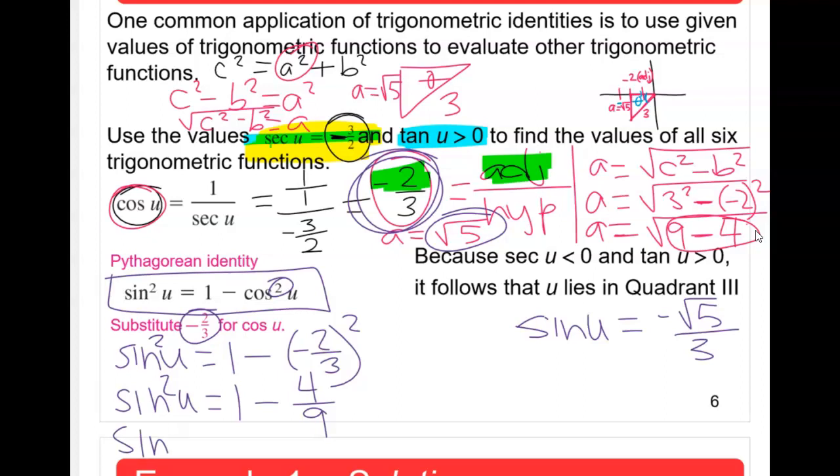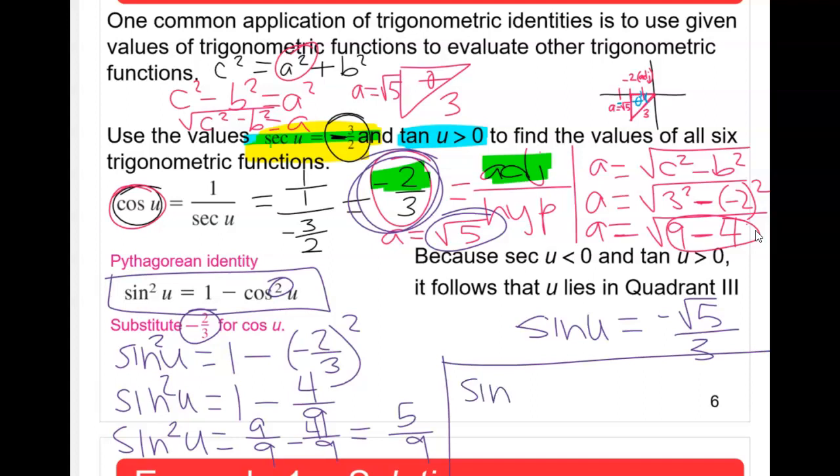So then we're going to go ahead and subtract these two numbers. So 1 in terms of ninths will be 9/9. And if we subtract 4/9, then we're going to have 5/9.